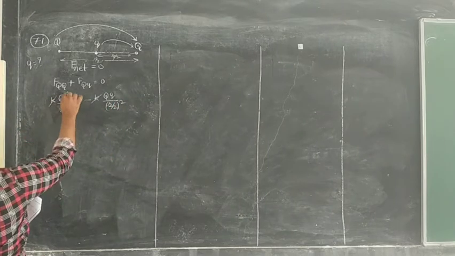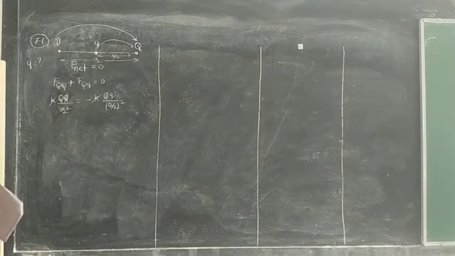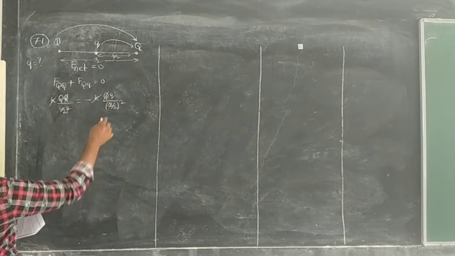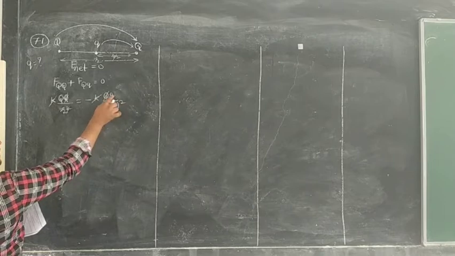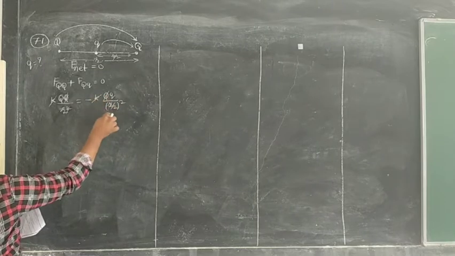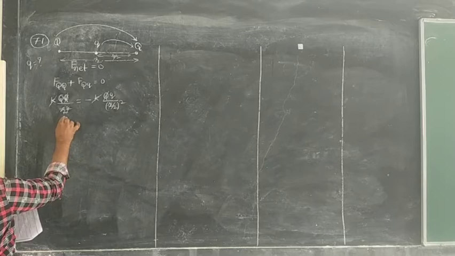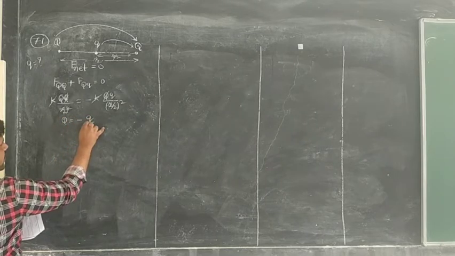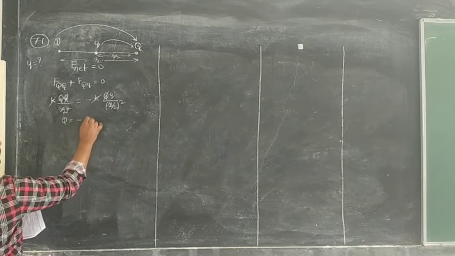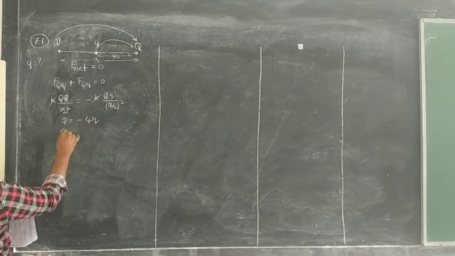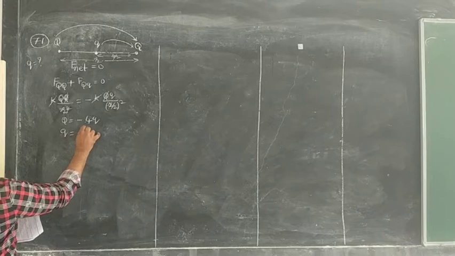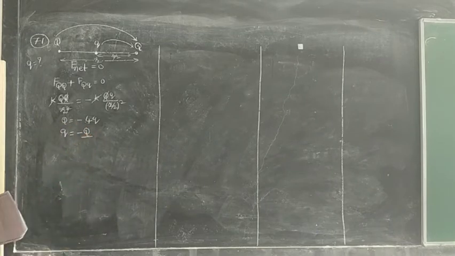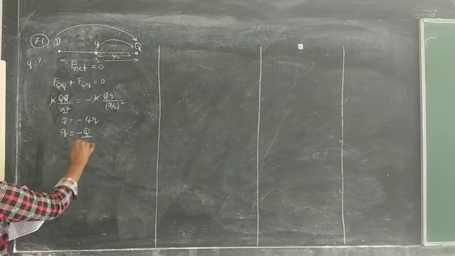Q cancels, K also cancels, R square cancels. Then 1 by 2 square means 1 by 4, and the 4 comes outside. So capital Q equals minus 4 small q. From this, small q equals minus capital Q divided by 4.